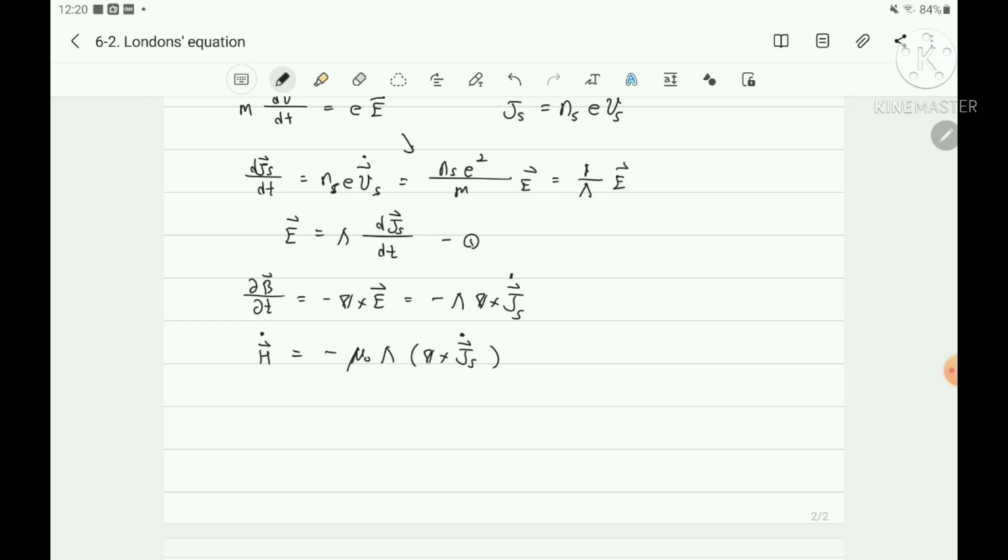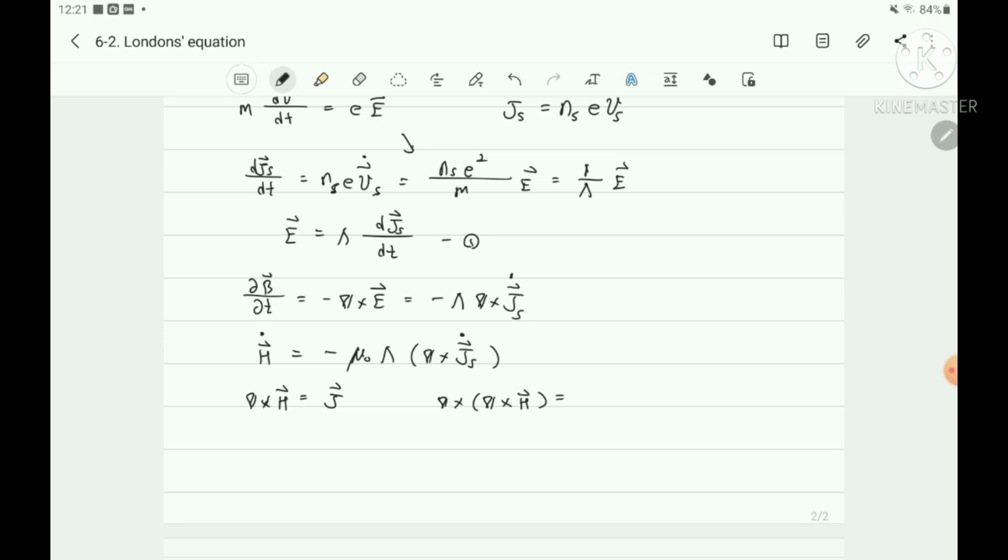Also, the other Maxwell equation is curl H equals J. Let's apply the curl to both sides.